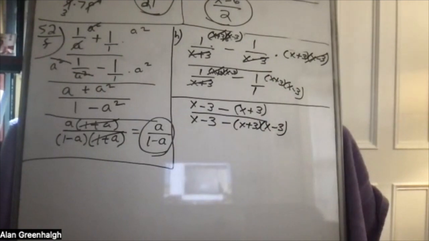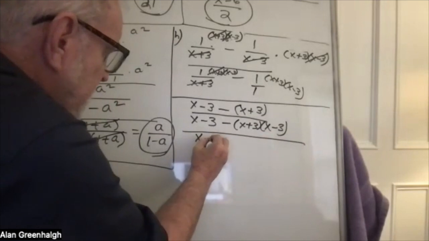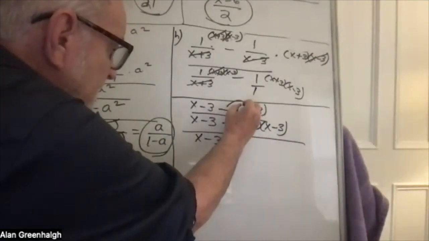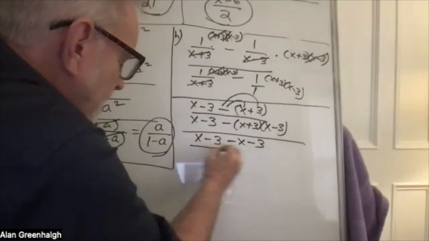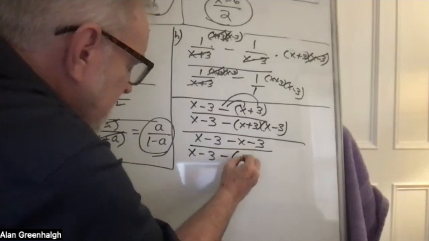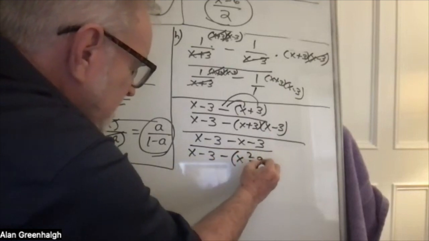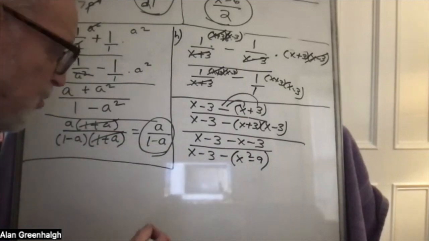So this is kind of interesting. Let's keep going though. X minus 3, now minus x minus 3, divided by x minus 3 minus x squared minus 9. Remember, here we're multiplying two conjugates and we wind up with a difference of two perfect squares. That's kind of interesting.